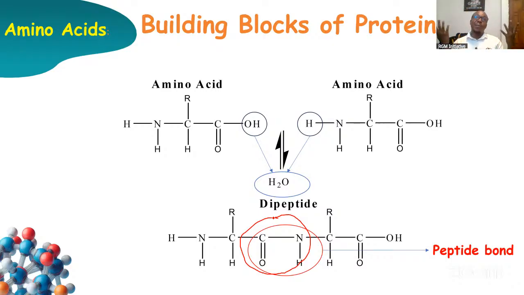And in tests for protein also, for us to know that there is protein in a solution, we can use a test that can detect the peptide bonds in protein, such as the biuret test. The biuret test can detect the presence of that peptide bond.